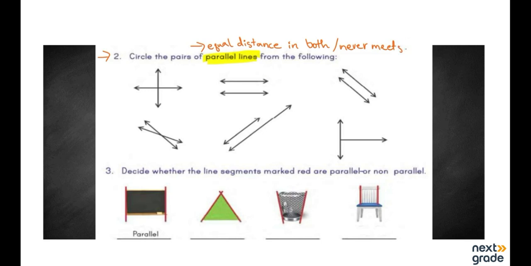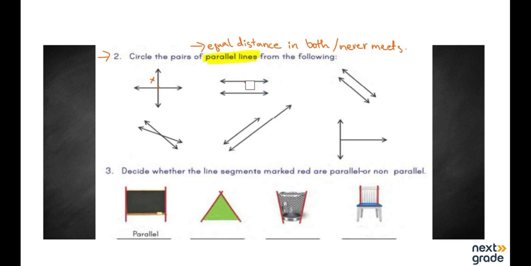So let's find out which ones are the parallel lines. This one is clearly intersecting, that is they are crossing each other, so this one is probably not the parallel line. This one you can see over here, they are at equal distance from each other and they are not going to meet.